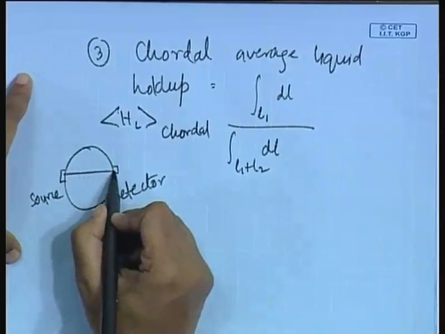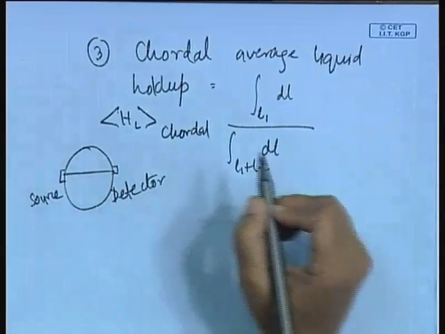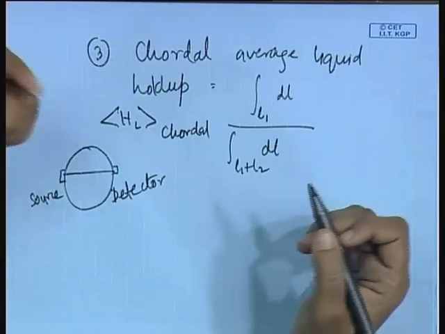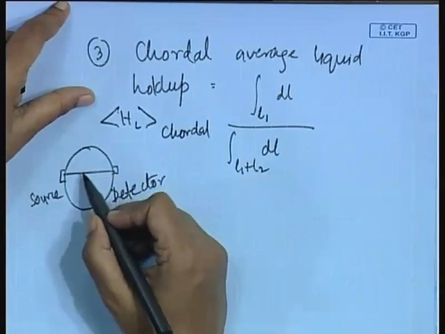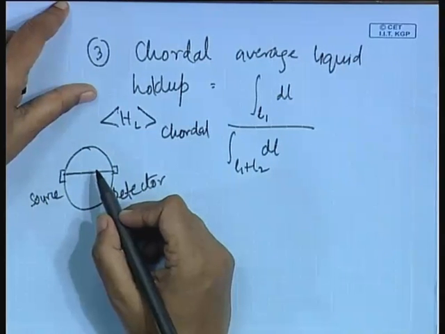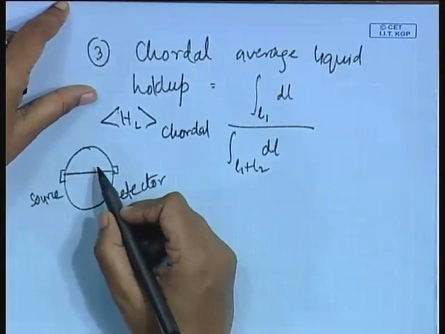Along this particular chord we send the optical beam or whatever it is, a very narrow beam across this. The amount which is attenuated or absorbed, that we can find out.